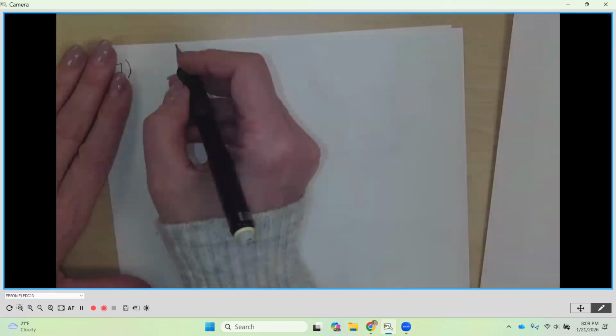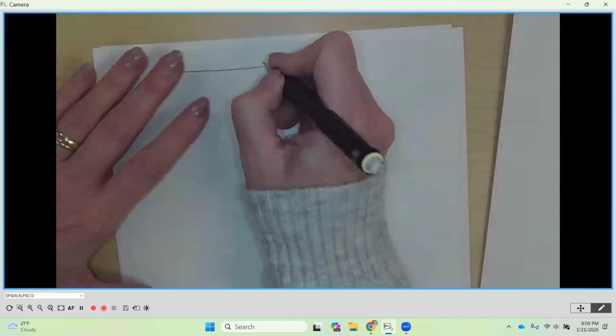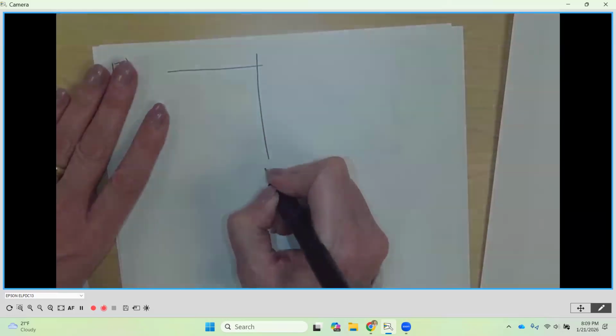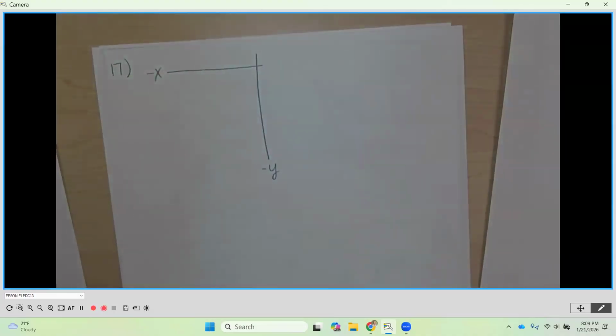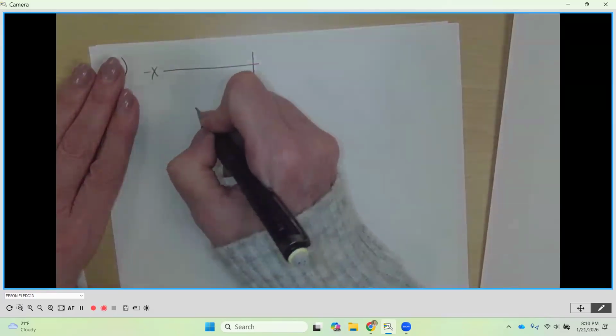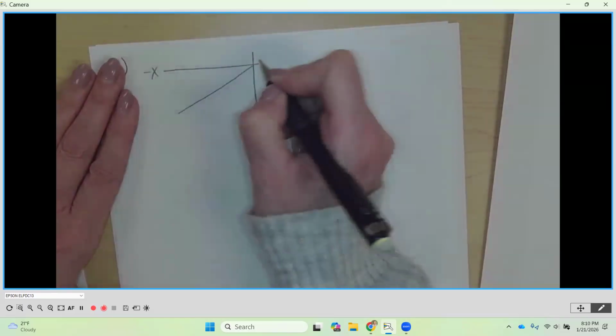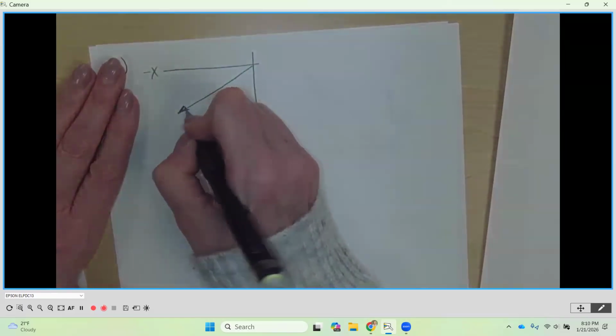Okay, so go ahead and create your little diagram. 3rd quadrant, so this is going to be negative y and negative x this time. I take 211, minus 180. Maybe show something like that.